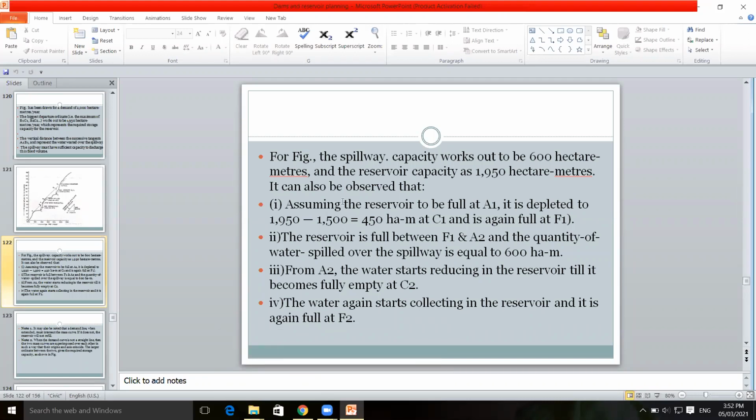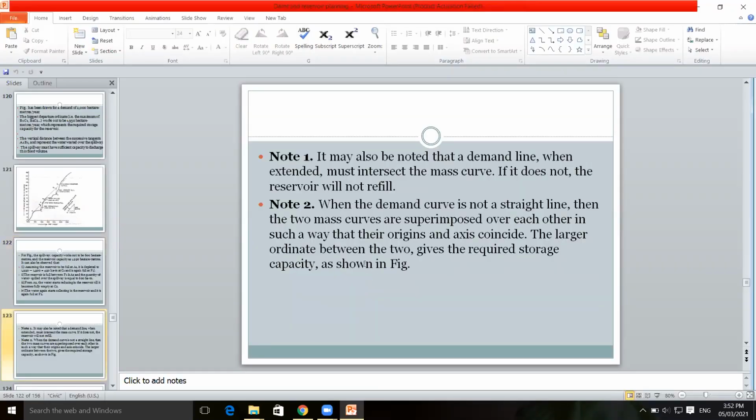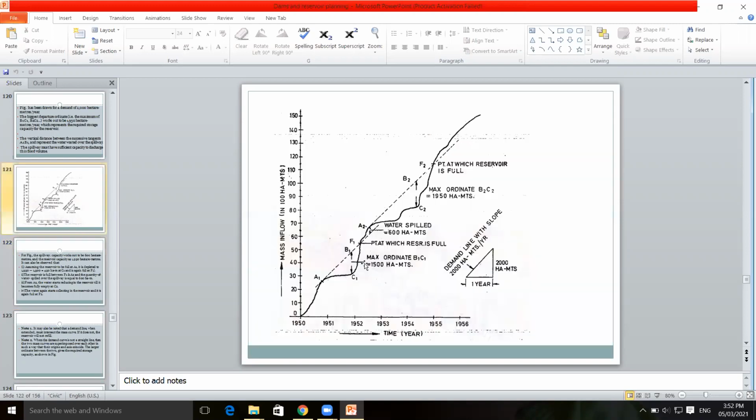It can also be observed that, assuming the reservoir is full at A1, it is depleted to 1950 minus 1500, that is 450 hectare meters, at C1. Again it is full at F1. So at point A1 the reservoir is considered full.